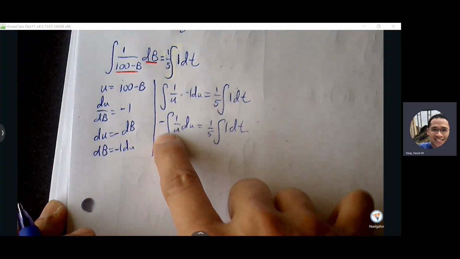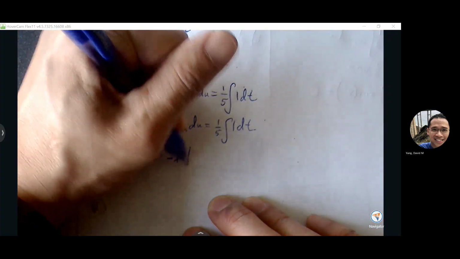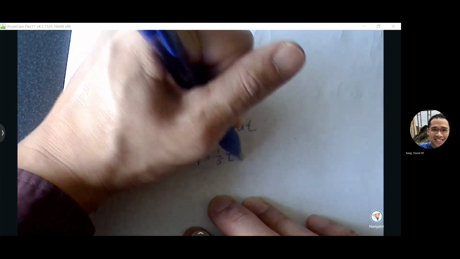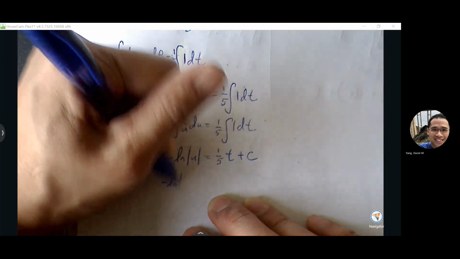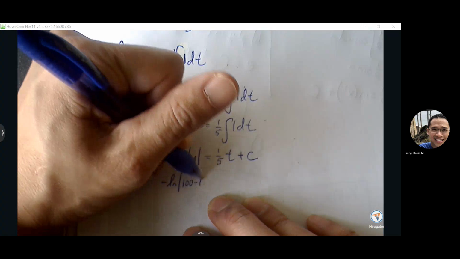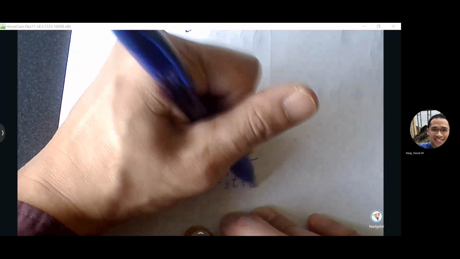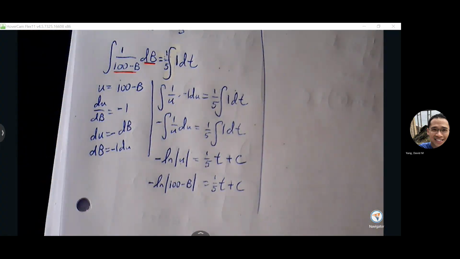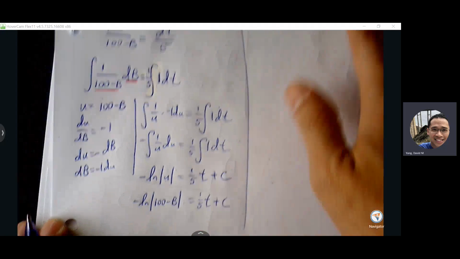Okay, so now natural log on the left side, power rule on the right side. Okay, I'm going to reset here. I'm going to put this up to the top.